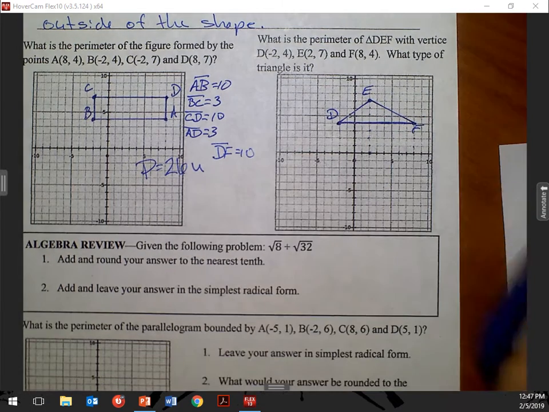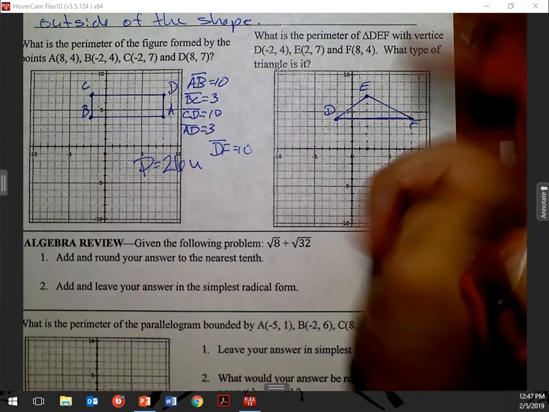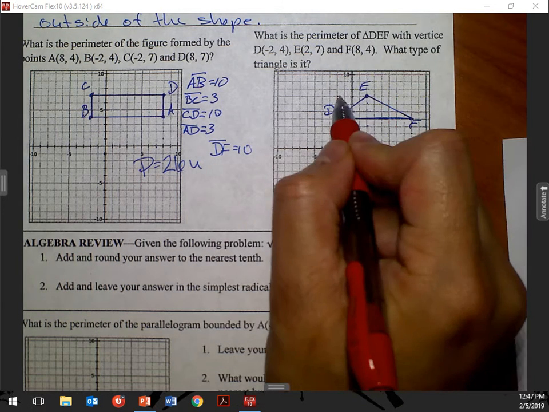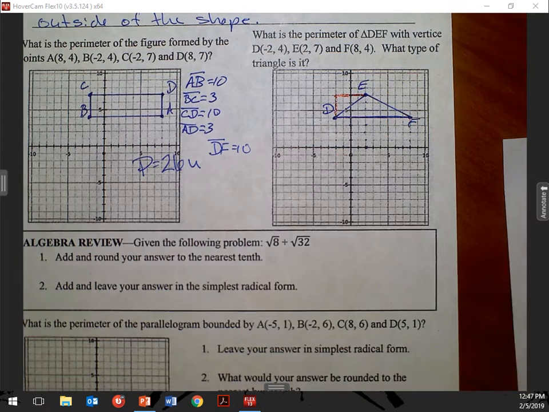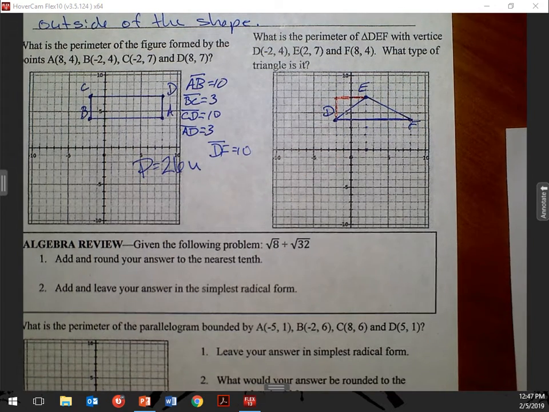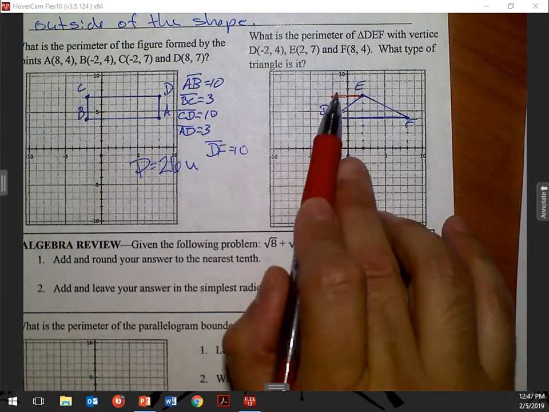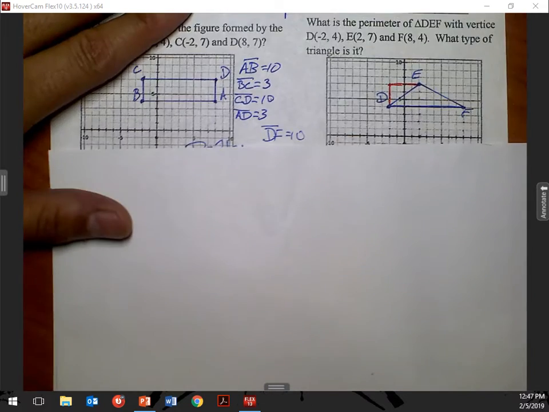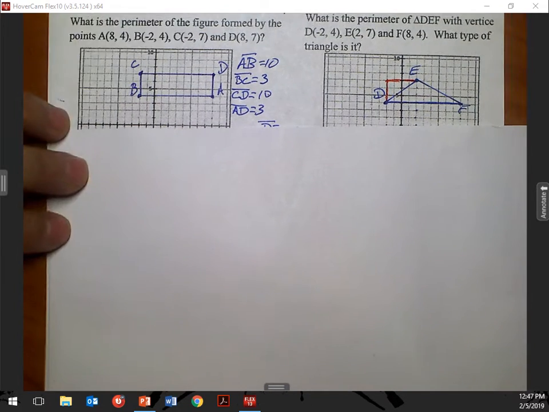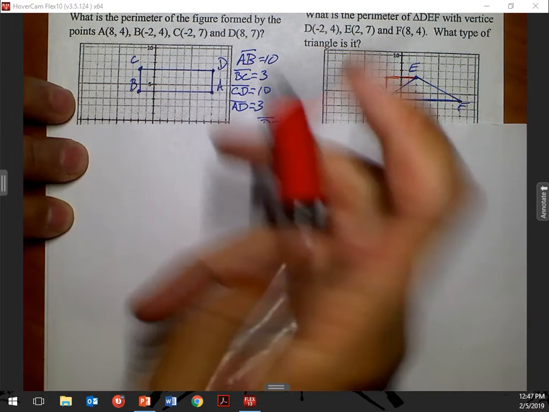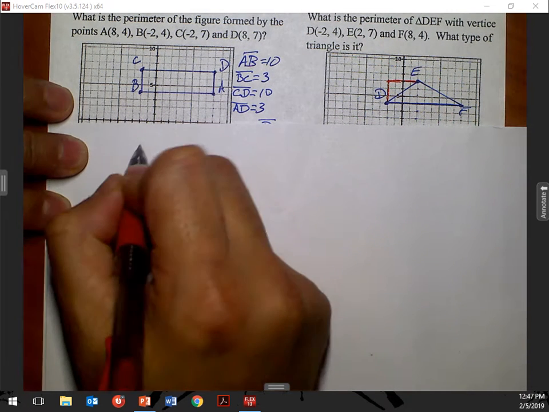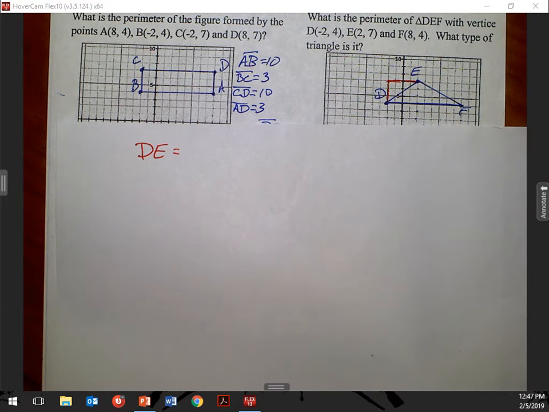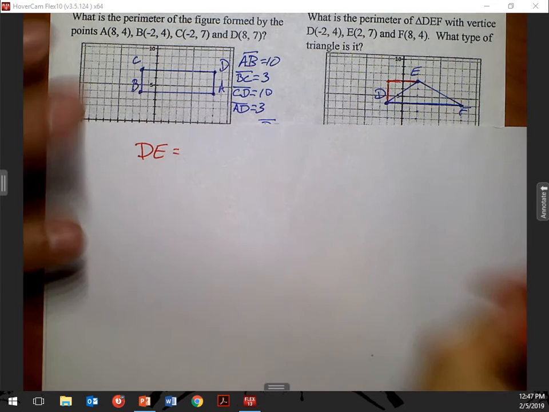Now we're going to have to actually figure out this other thing. I'm going to draw D to E. So what I did is I made a little right triangle out of this. Given that little right triangle, DE is equal to, now, my distance formula.